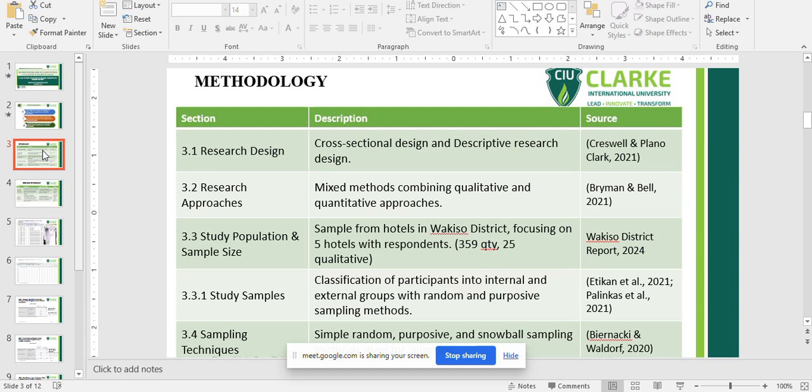So the study also relied on the mixed research approach, which combined both quantitative and qualitative research approaches.